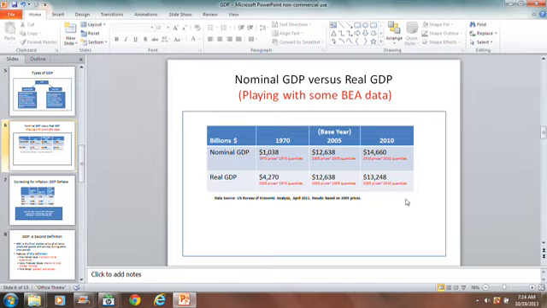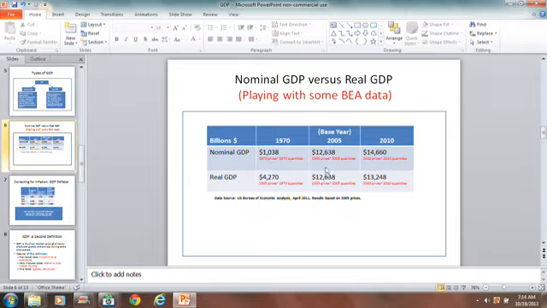All right, so for the base year, you take the price for the base year and replace every year's prices with the base year prices. For 2005, notice that the nominal GDP and the real GDP are the same. And it makes sense because if you replace every year's prices with the base year prices, then for your base year, you simply replace its own prices with its own prices.